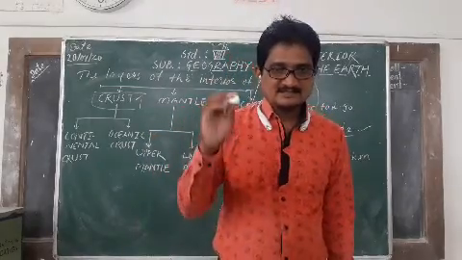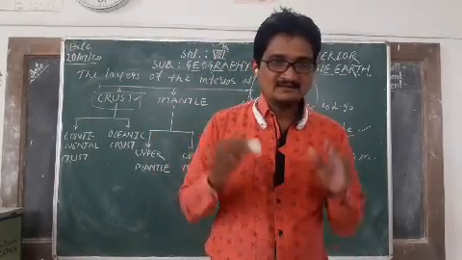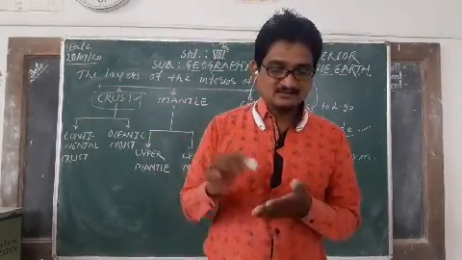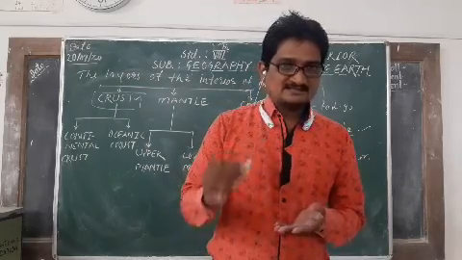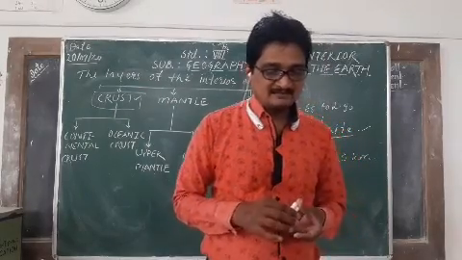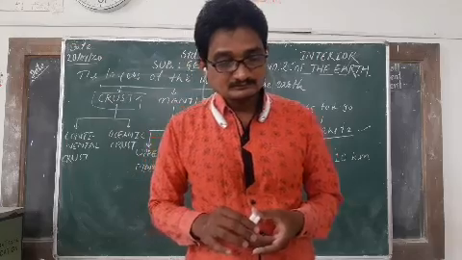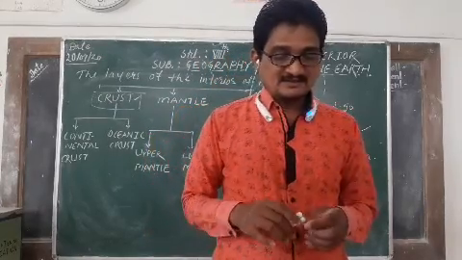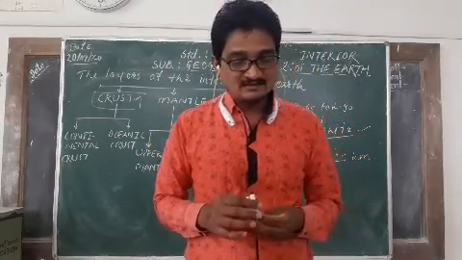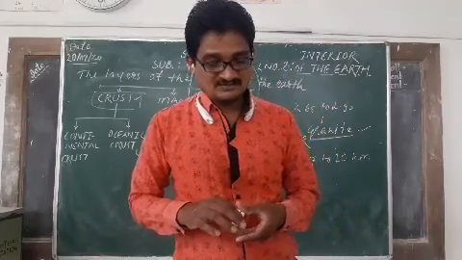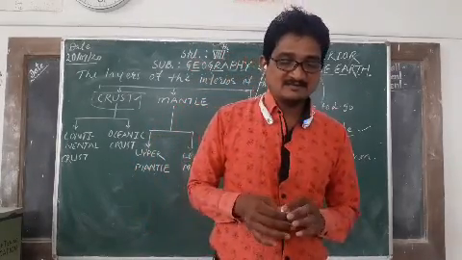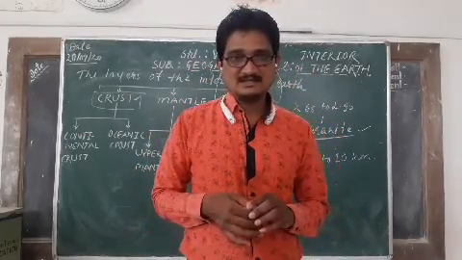So there is discontinuity between continental crust and oceanic crust. There is discontinuity between crust and mantle too. This discontinuity was deduced by a scientist called Mohorovicic, and it has been named after him as Moho discontinuity.